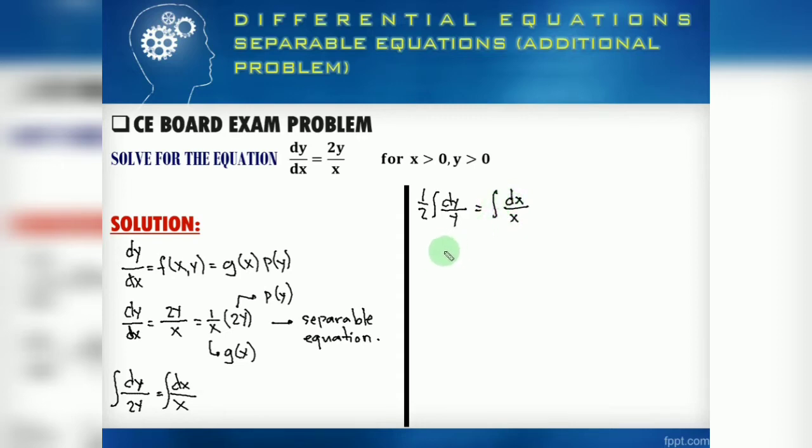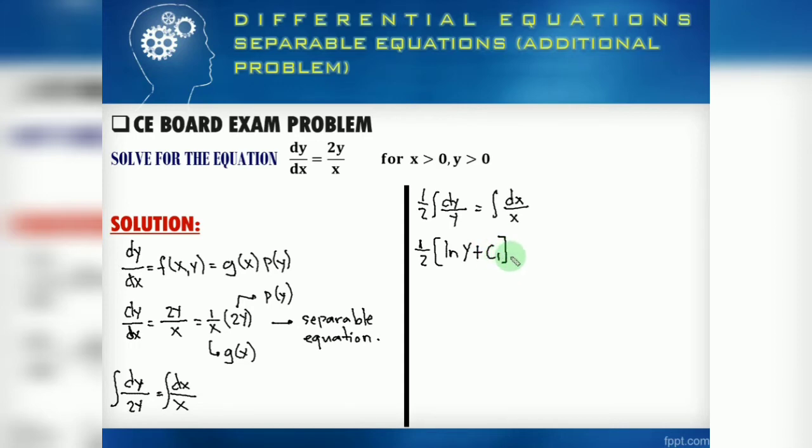Based on our previous lecture, the integral of du over u is simply equal to ln u plus c. In this case, we have 1/2 times ln of u, in which u is simply y, so ln y plus a constant, which we consider as c1.